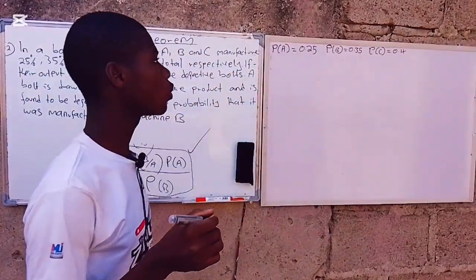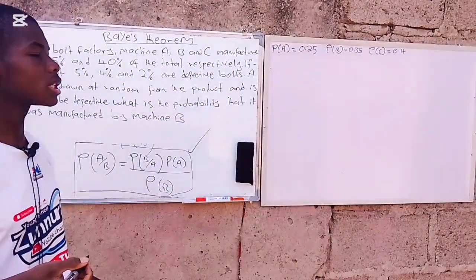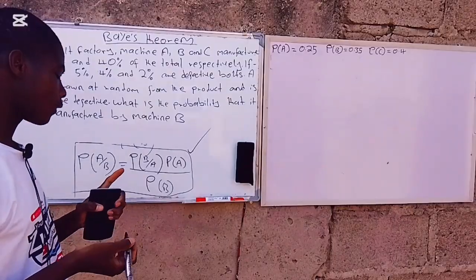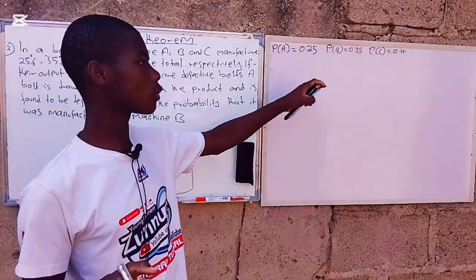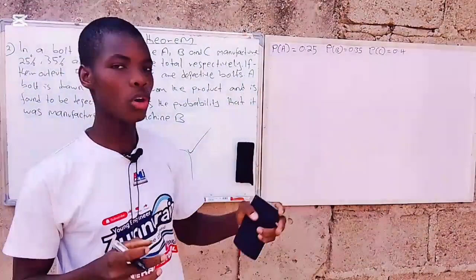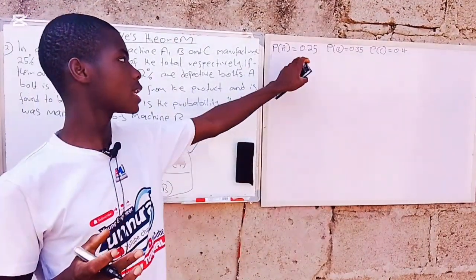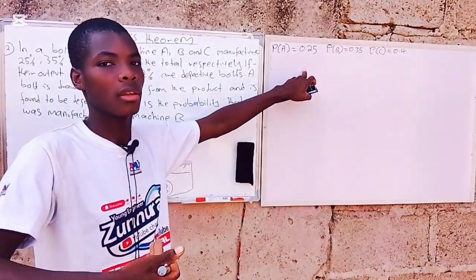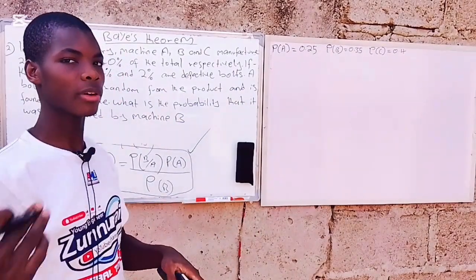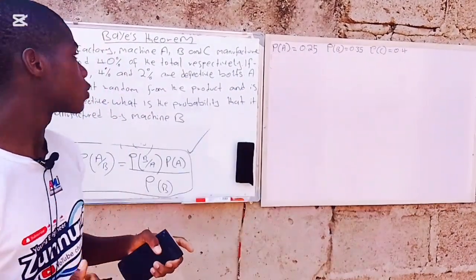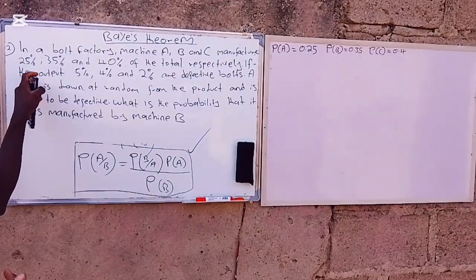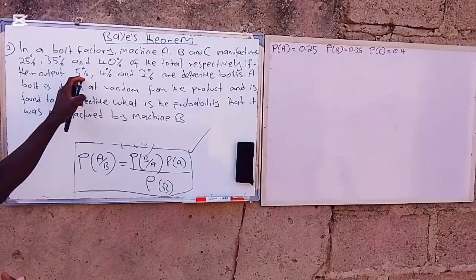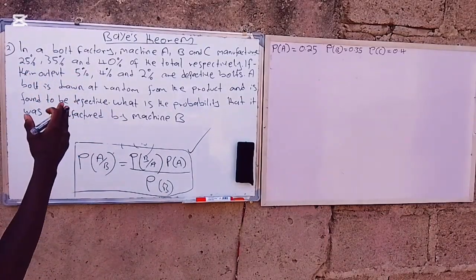So therefore we are not going to put the percentage because this is the chances. We have to get back to the actual probability, which is 0.25, because a probability is in decimal, or 0 point something. After then we have to multiply by 100 so that we will get the chances. So of the total respectively, their output is 5%, 4%, 2%.